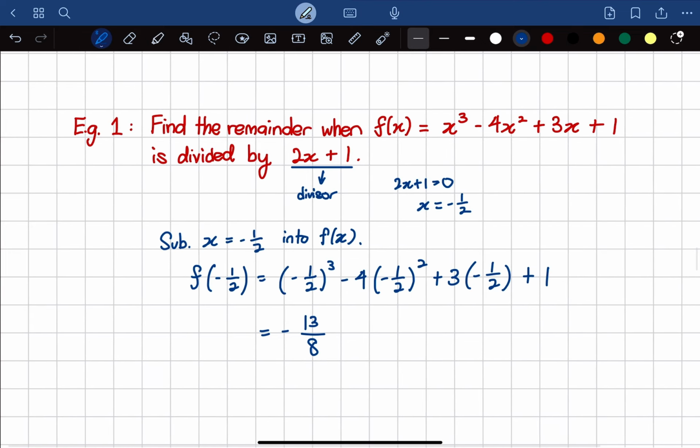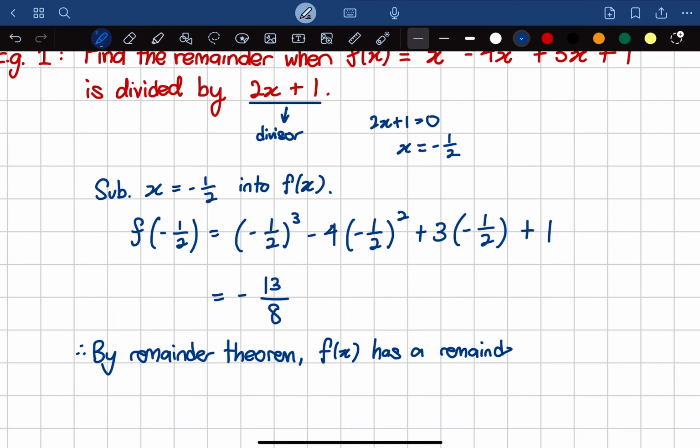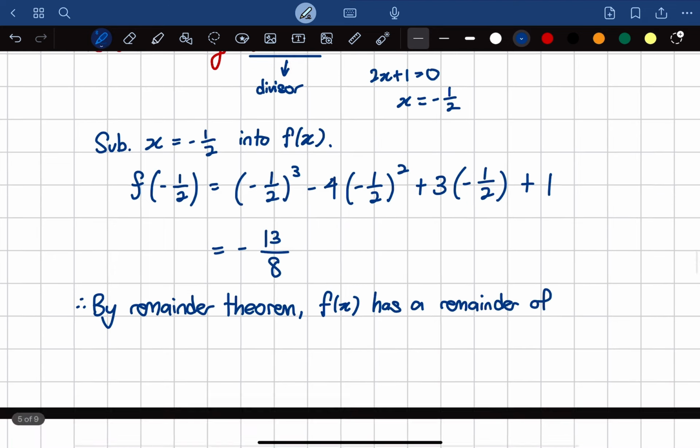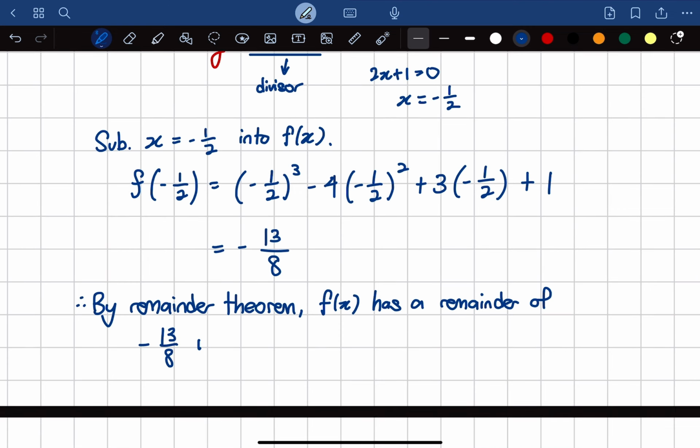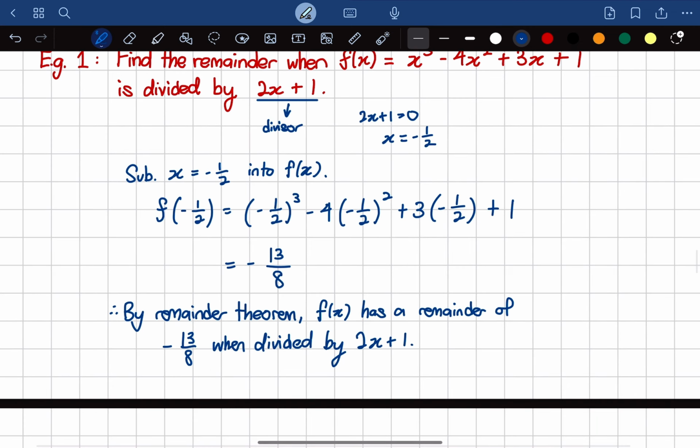So I can conclude this question: by the remainder theorem, f(x) has a remainder of negative 13 over 8 when divided by the linear divisor 2x plus 1. To wrap up, just remember that the remainder theorem only works when I'm looking at a linear divisor, whereby the power of x is equal to 1.